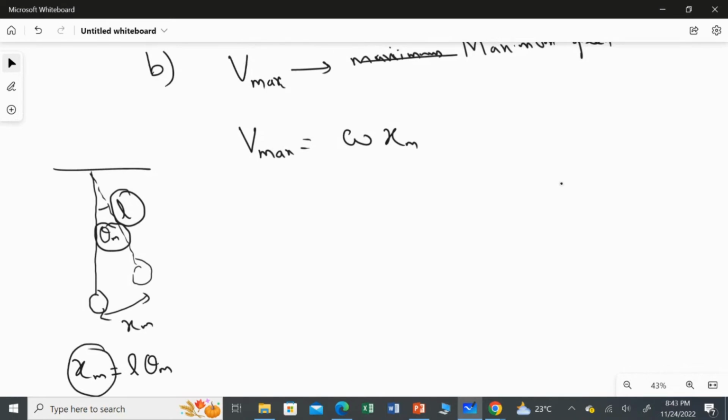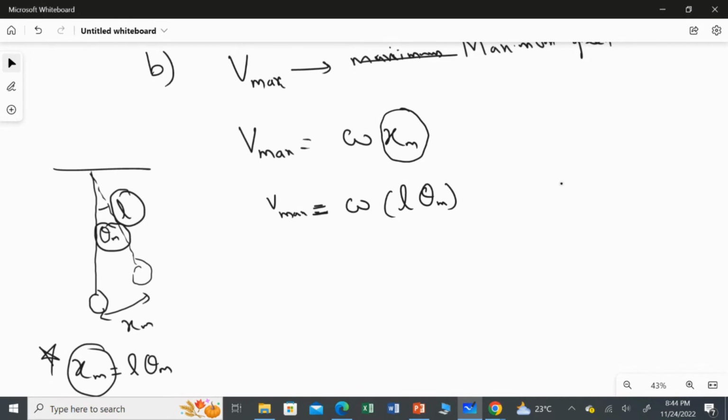So in place of this xm, I am going to substitute this equation. By that, our maximum speed equation is given by the new relation: omega multiplied by L multiplied by theta m, right? Now the L value we already found from the first part.